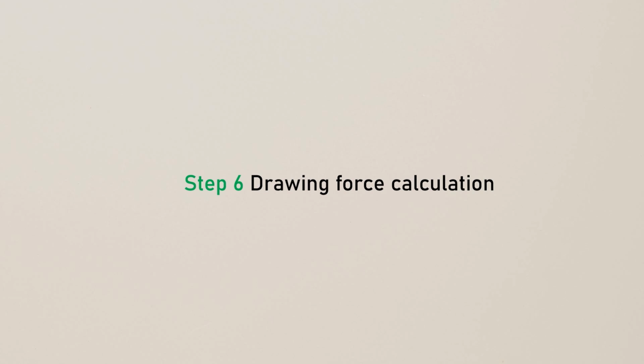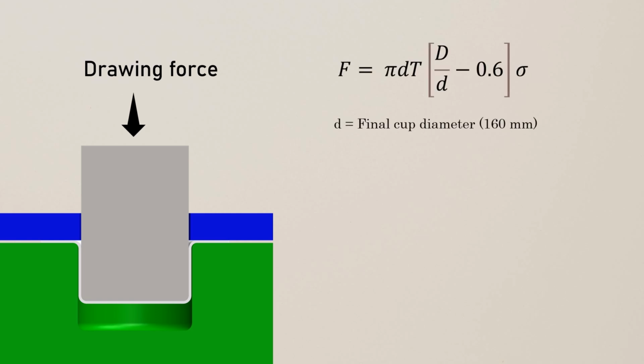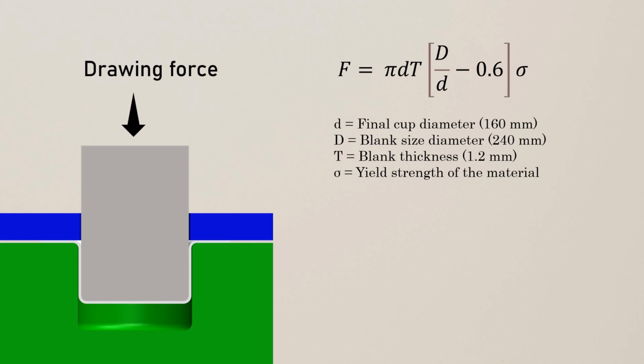But how much force will be required to draw this blank sheet into this final shape? To calculate the drawing force for a circular cup, we use this formula, where small d is the diameter of the cup after drawing, capital D is the diameter of the cup blank, T is the sheet thickness, and sigma is the yield strength of the material.